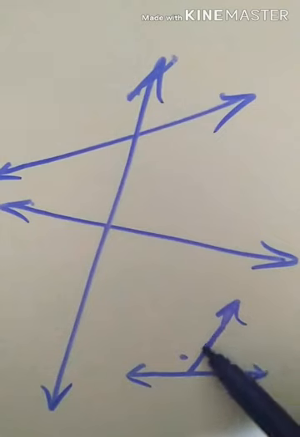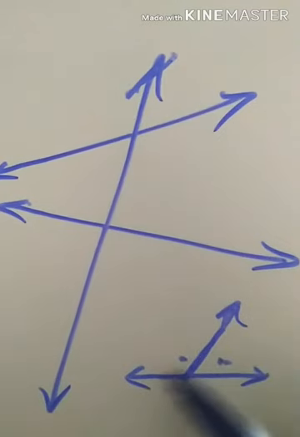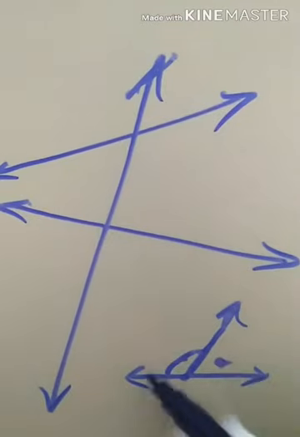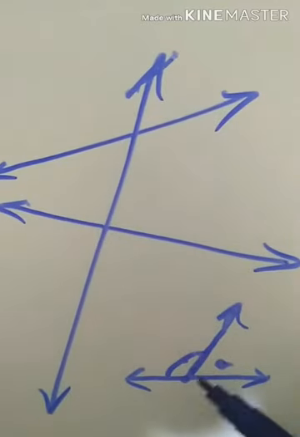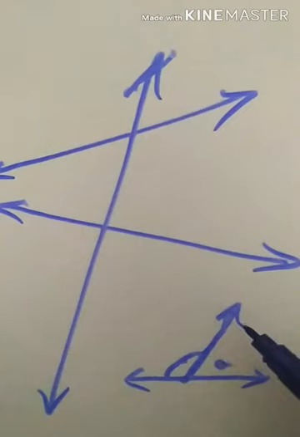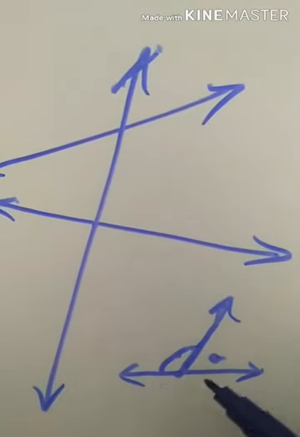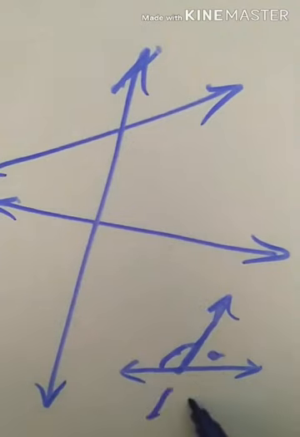Adjacent angles have a common arm; they are neighboring angles. So this angle and this angle are adjacent angles and they form a linear pair. If you add these two angles in a linear pair, they always make 180 degrees.